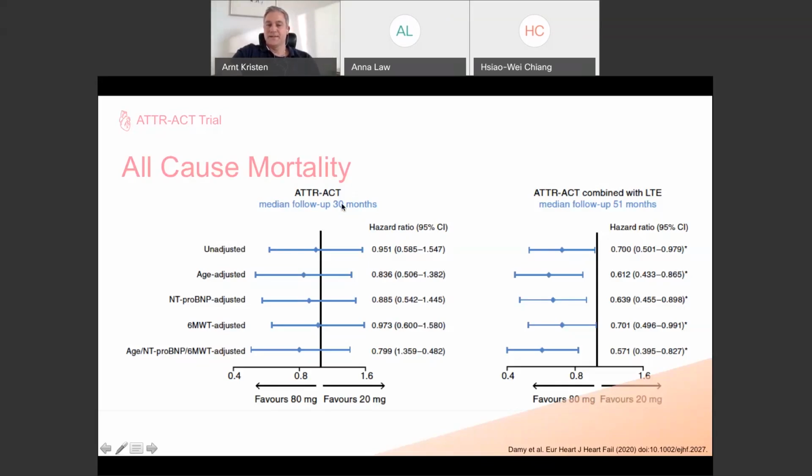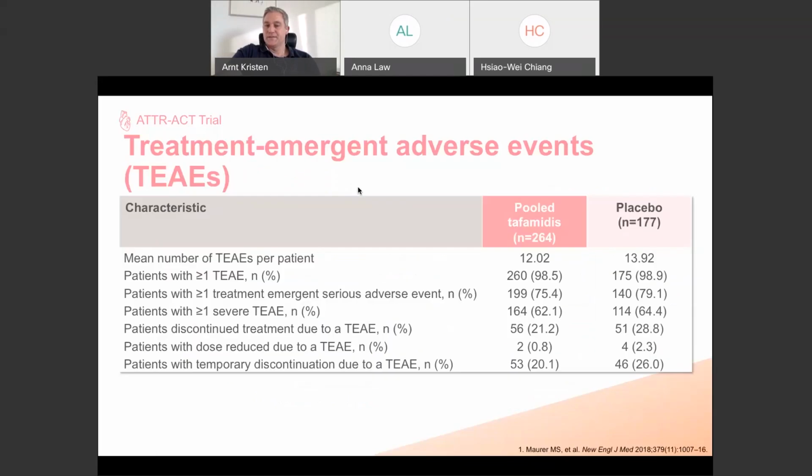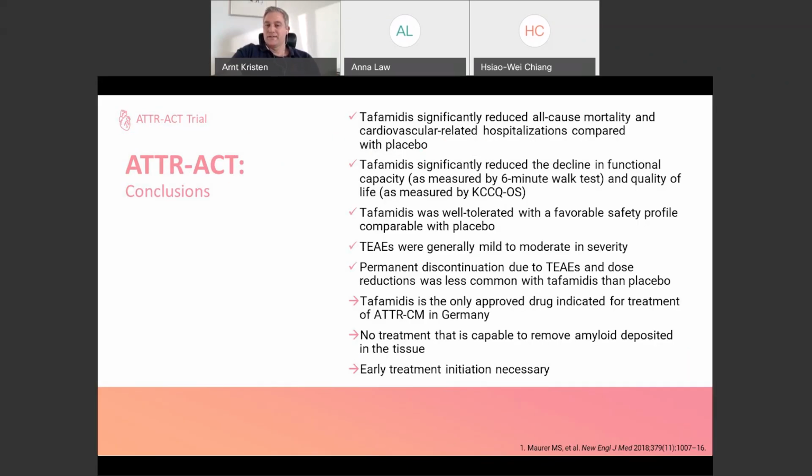And there was a lower rate of discontinuation of treatment due to an adverse event in the 80 milligram cohort in comparison to the placebo cohort. So in general, treatment with tafamidis was very, very well tolerated in this study.